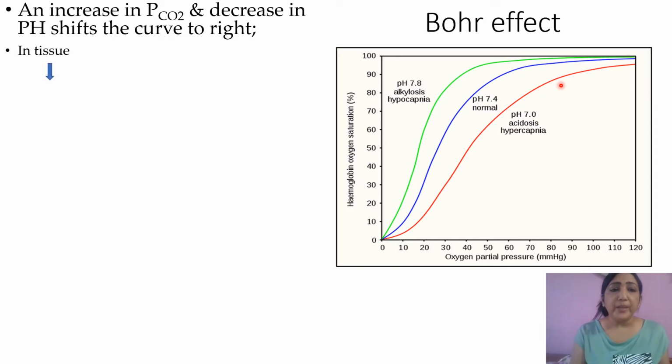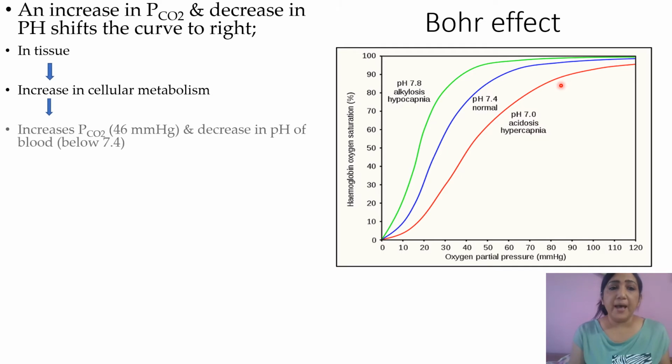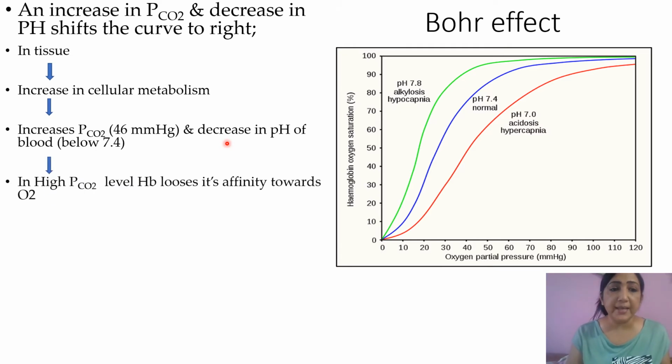In the tissue, there is an increase in cellular metabolism, and this increases the partial pressure of carbon dioxide to 46 millimeters of Hg, which decreases the pH below 7.4, the normal value. The high partial pressure of carbon dioxide makes hemoglobin lose its affinity towards oxygen, which it was carrying from the heart through the systemic circulation to the capillary bed.